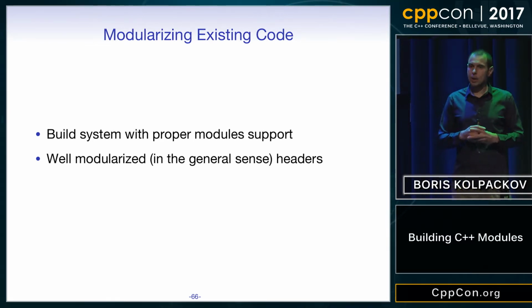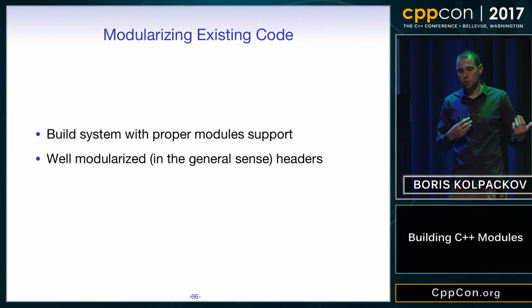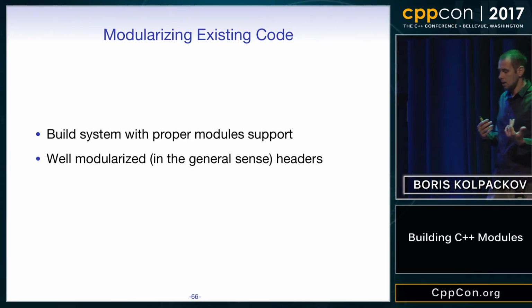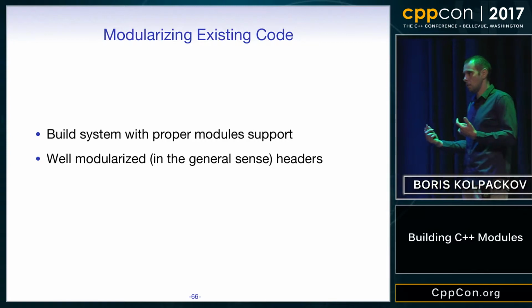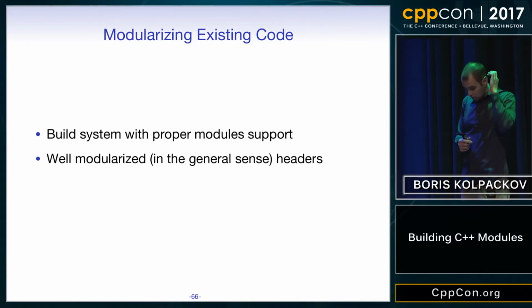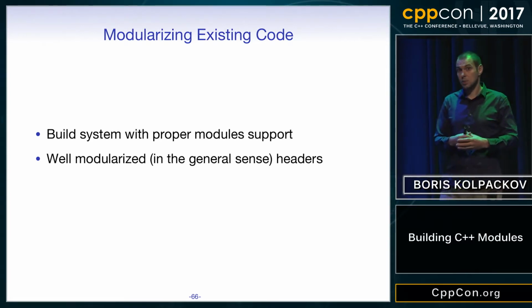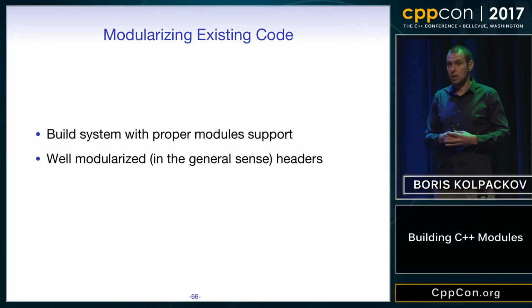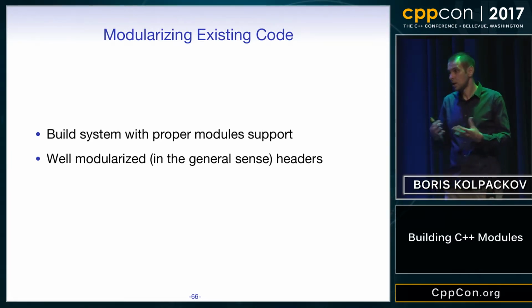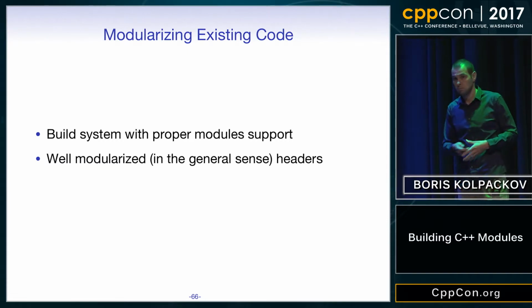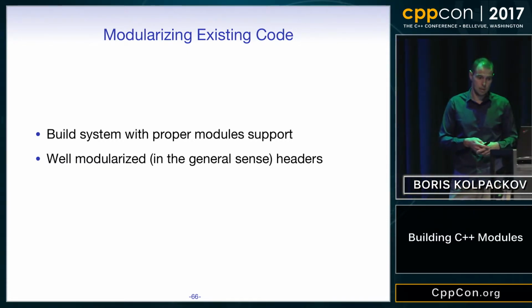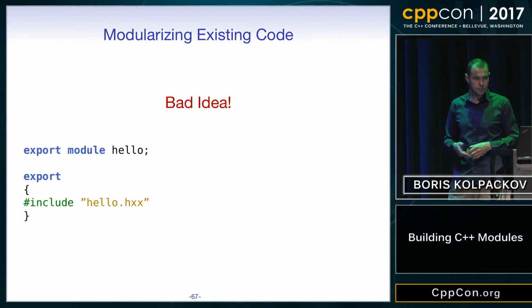Also, if you're planning to provide a dual header and module interface, then it helps to have a one-to-one mapping, so you have one header, one module. So I would actually suggest that you spend some time before attempting any modularization trying to clean up and rearrange your headers. We found that it helps quite a bit, though our headers are mostly pretty well separated.